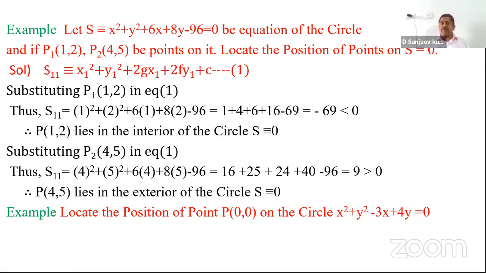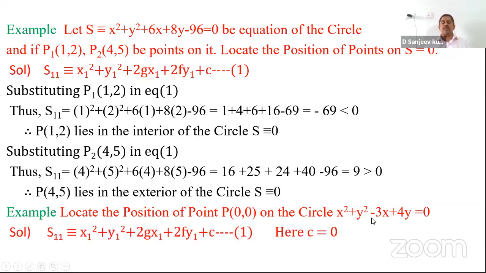We know that whenever you don't have any constant in the equation of a circle, definitely the circle passes through the origin. So it has to satisfy the equation. When you substitute P(0, 0) in the equation of the circle, what is going to happen?